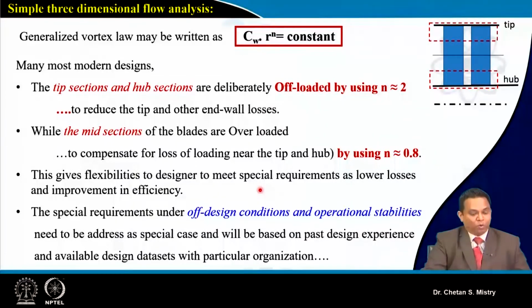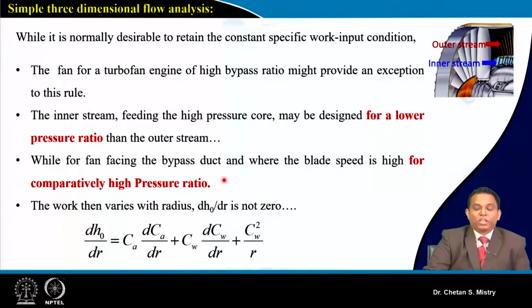Now let's move. Suppose we are considering, say, a high bypass ratio design. Say this is my high bypass ratio fan. Now you can understand some amount of air will be entering inside my LP stage here. So this is what is called the inner stream, and outside, that's what is called the outer stream of my bypass ratio fan, or bypass fan.